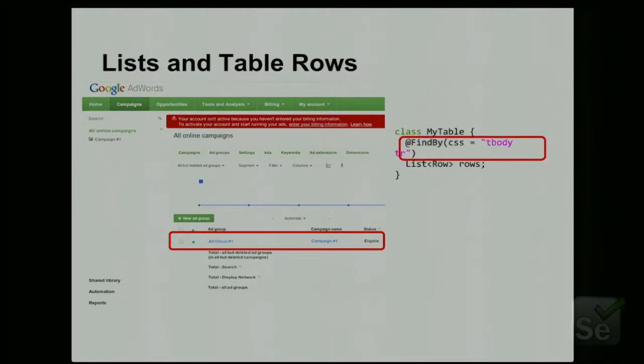And so you can actually have a field of type list of web element or list of some other page object, and it will populate that with an element for every element that's found with the findElements call based on the FindBy above.